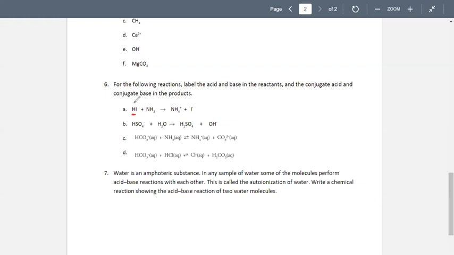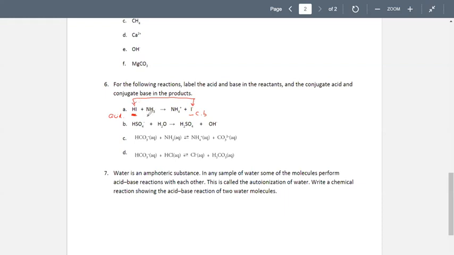So hydrogen iodide, this is the acid. And when it donates a proton, it becomes this. Yeah, so this is the conjugate base. This is one pair.